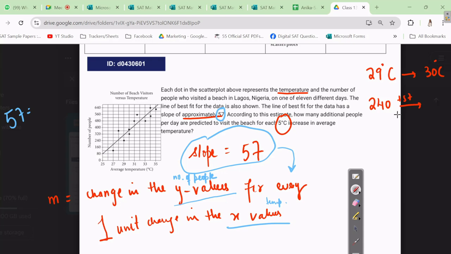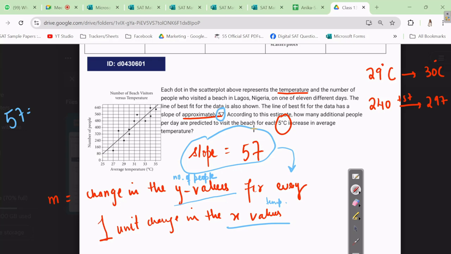So add 57 to this, and you'll get 297 people. This is the interpretation of slope. If the temperature increases by just 1 degree, the people will increase by 57. There will be 57 more people on the beach.